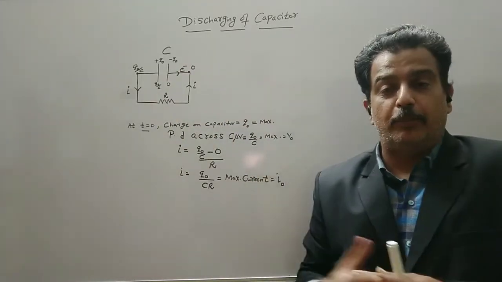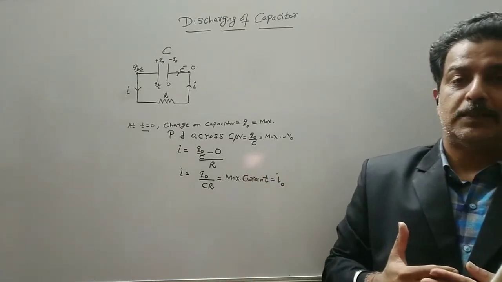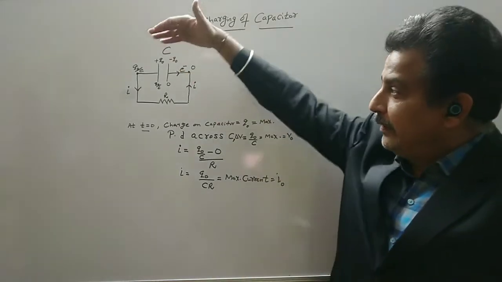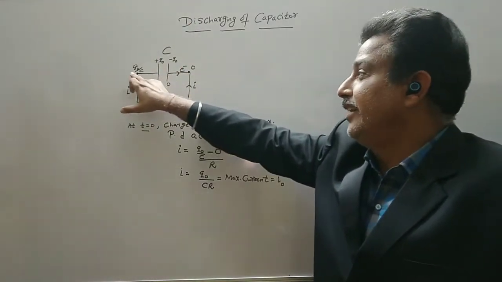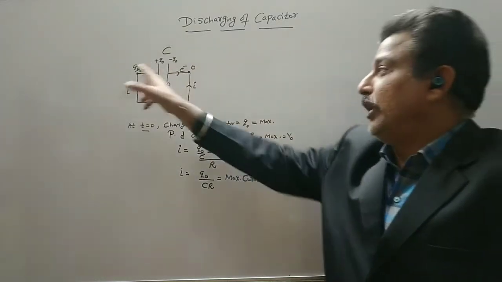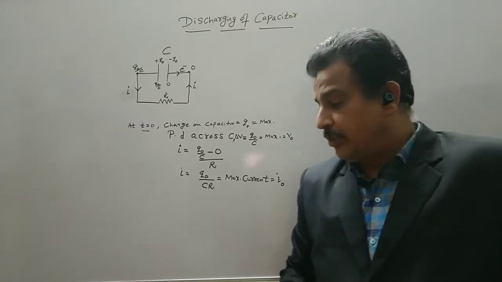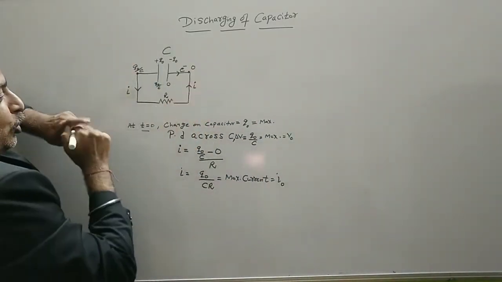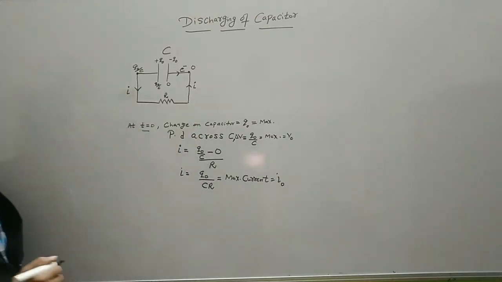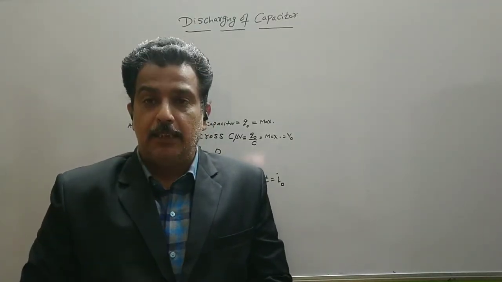That was the deposition of charge on the capacitor. Now it is a reverse process, and the charges are decreasing. If the charges are decreasing, then the potential difference across the capacitor will also decrease. And if the potential difference across these two points decreases, the potential difference across R will also decrease. It means the current in the circuit will again start decreasing.